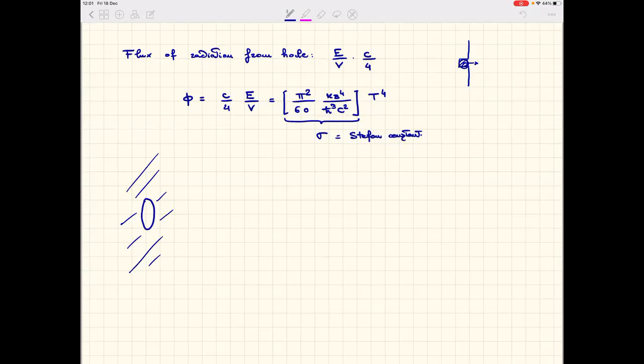The flux is energy per unit area per unit time. So now the question is how much. I imagine that there is an energy.